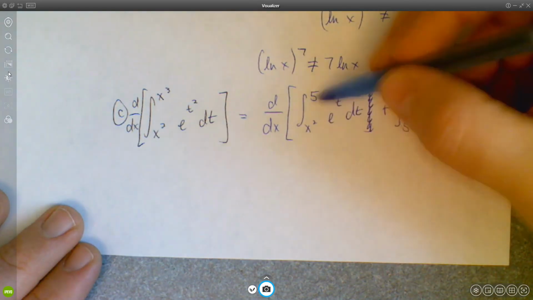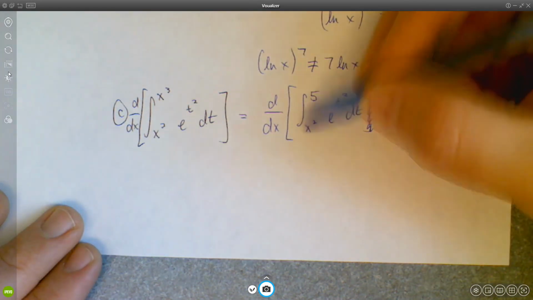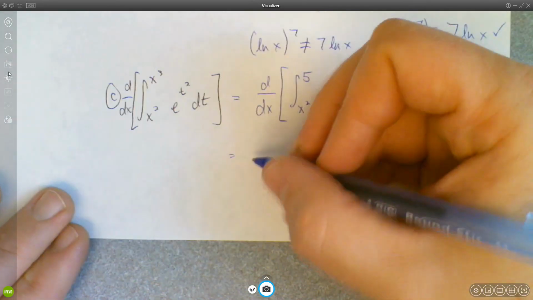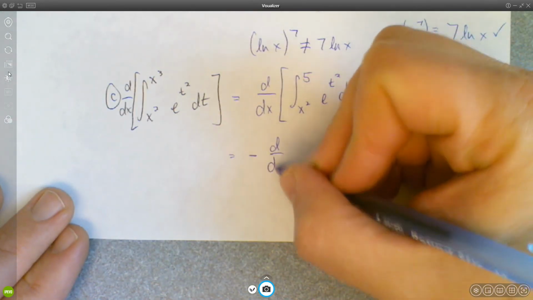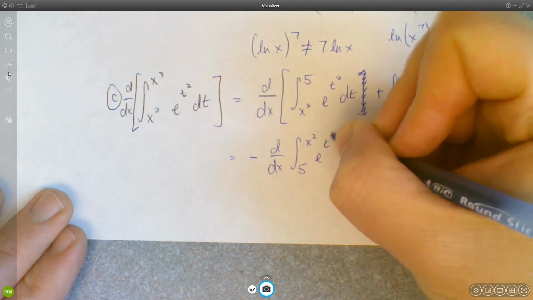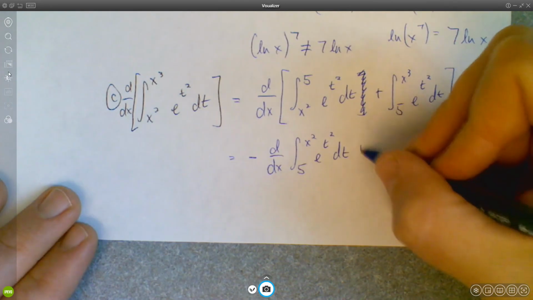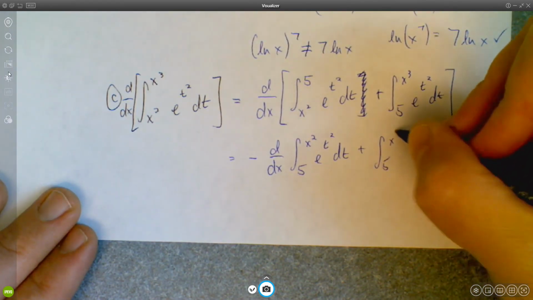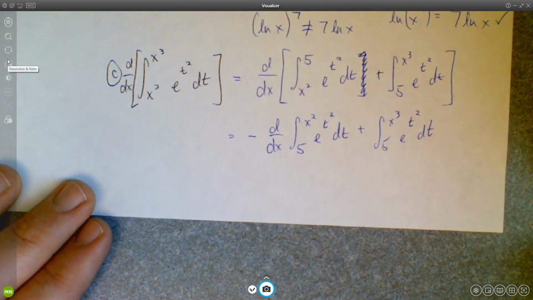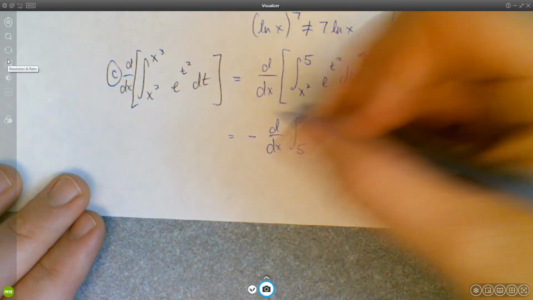And then, of course, for this one, you do the same trick that we did before. You switch the limits of integration and make it negative. So really this is going to be negative d dx of the integral from 5 to x squared of e to the t squared dt, plus d dx of the integral from 5 to x cubed of e to the t squared dt.